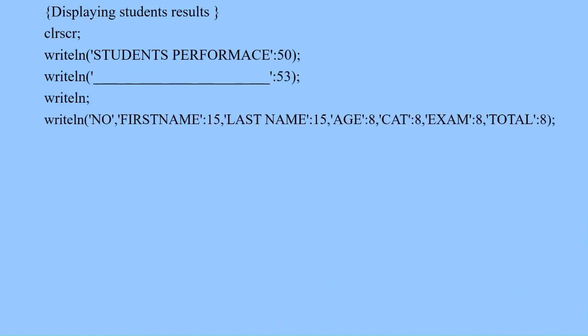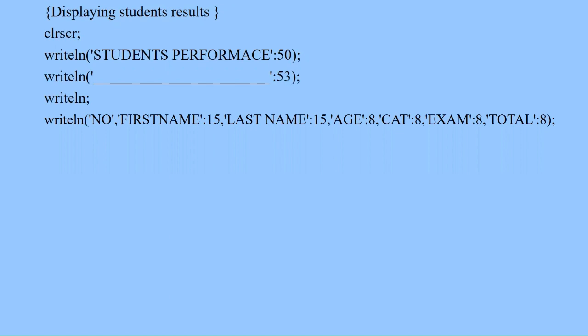So let's now display the student details or students' results. So we clear the screen, we write out this statement or heading, students' performance, formatting the spaces. Then we underline, we write out a blank line.